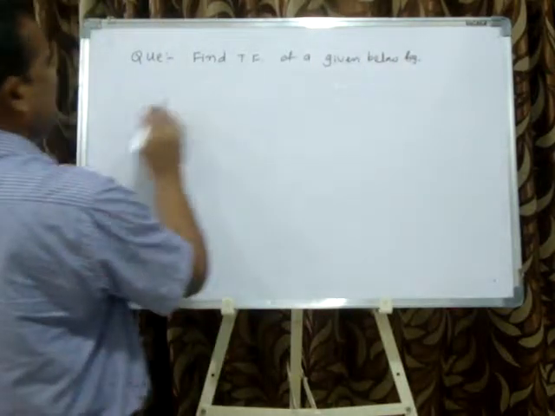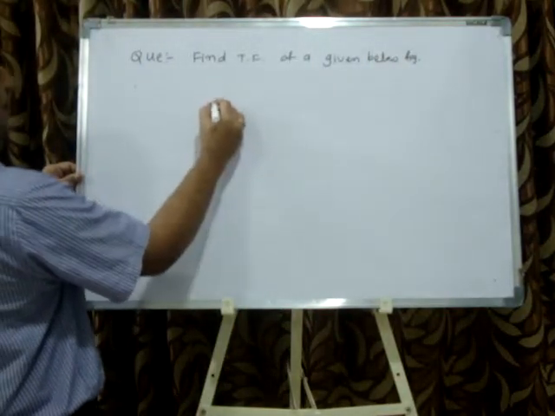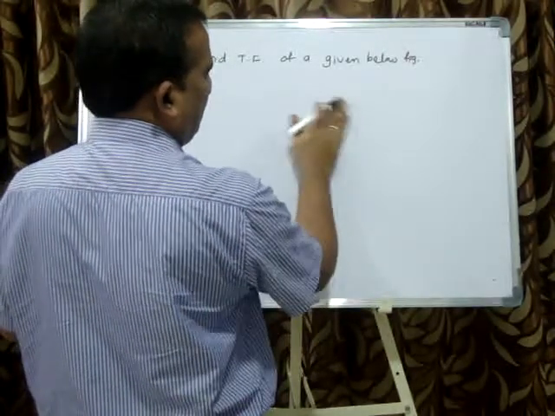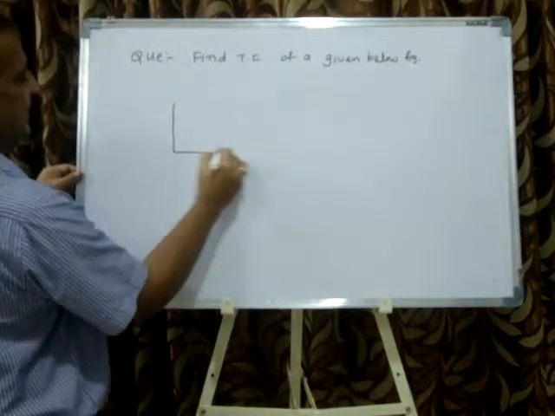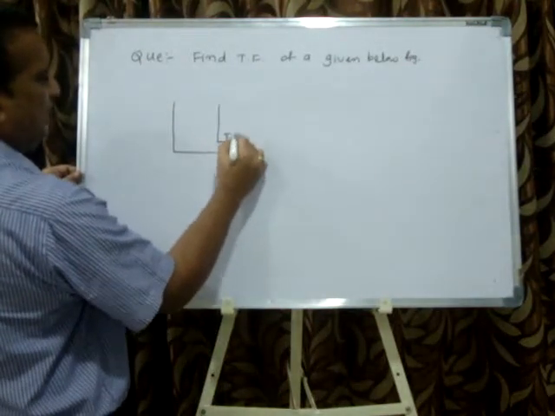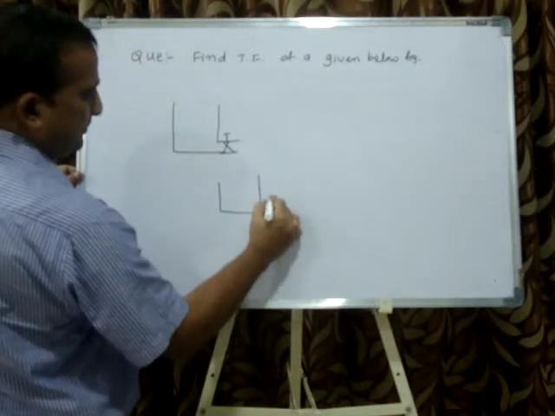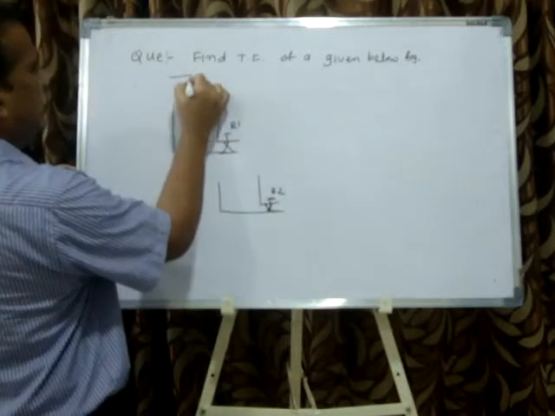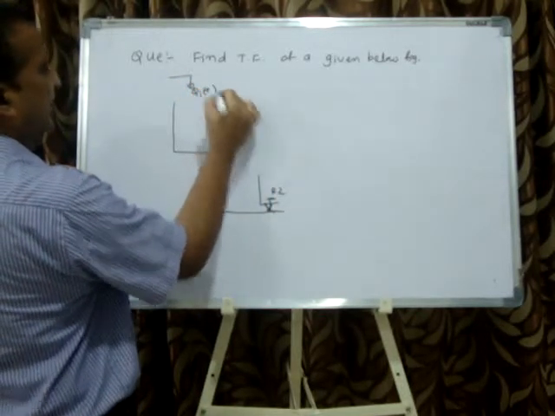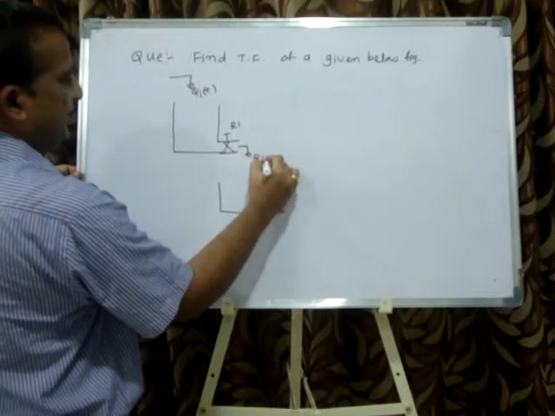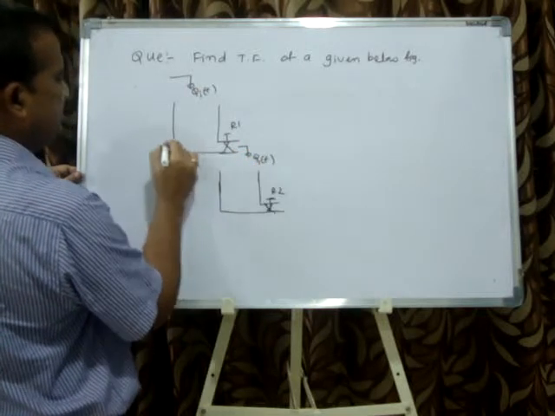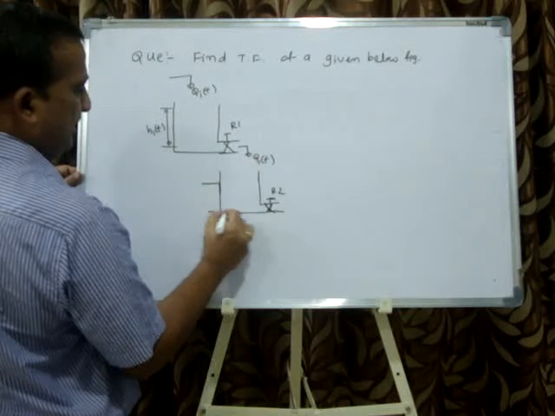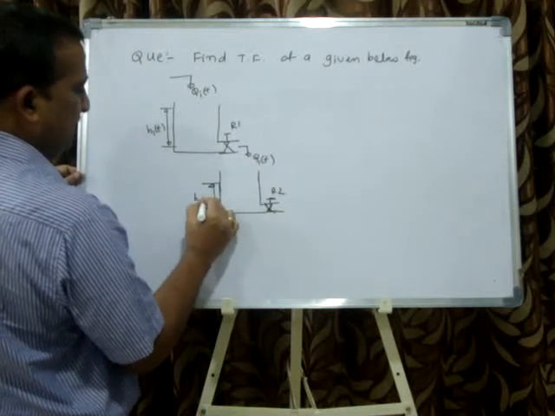Okay, this is a problem. He has given, very interestingly, two tanks, one and one more tank below, and here R1, R2, here Qi, and here Q1 the intermediate discharge, and here H1, and here H2 of t.